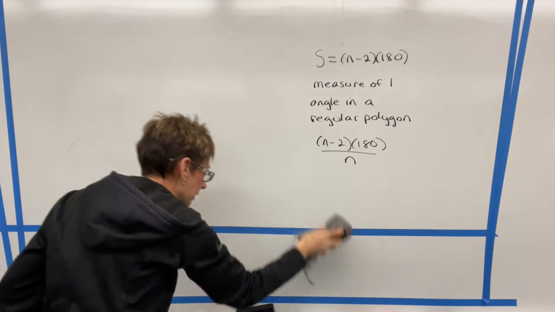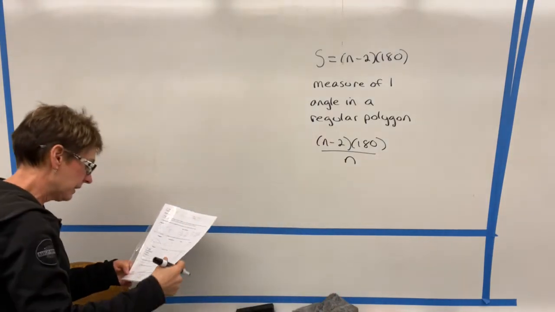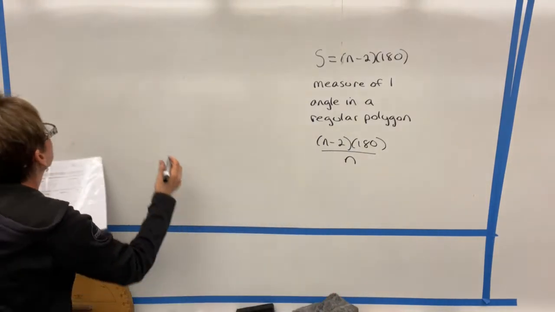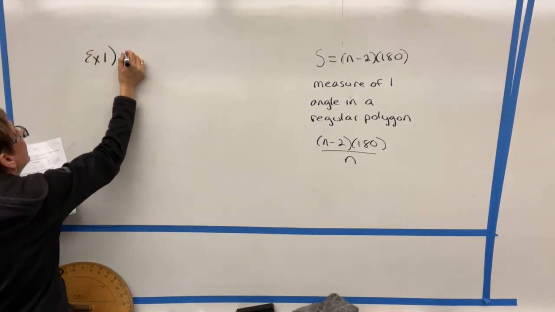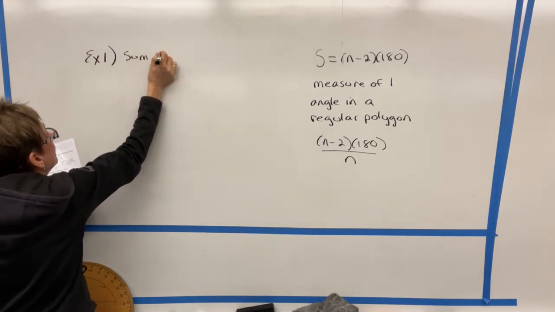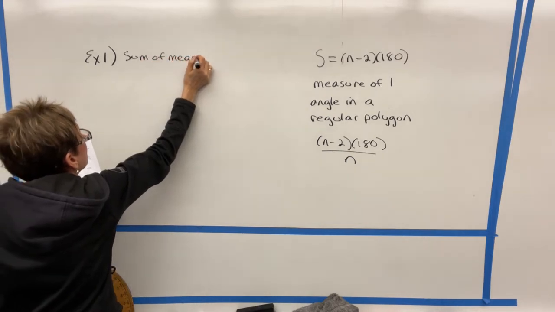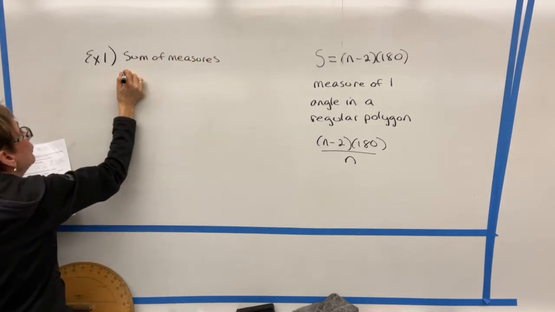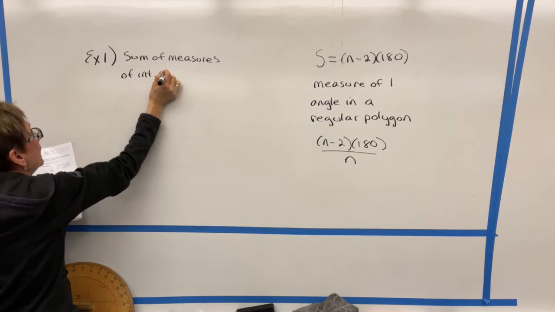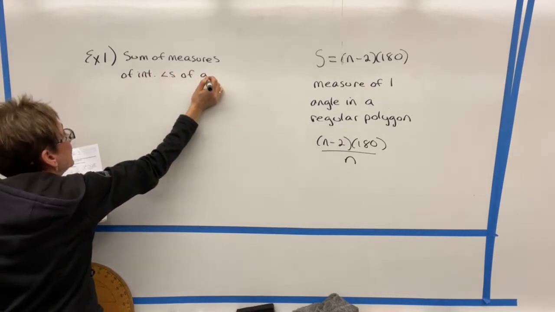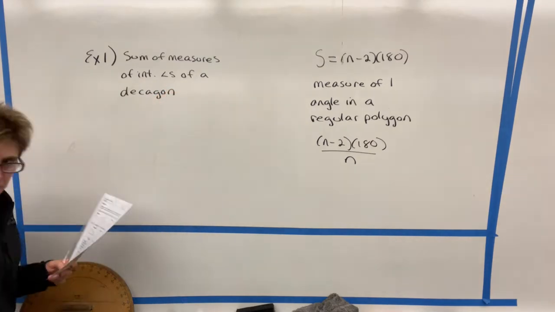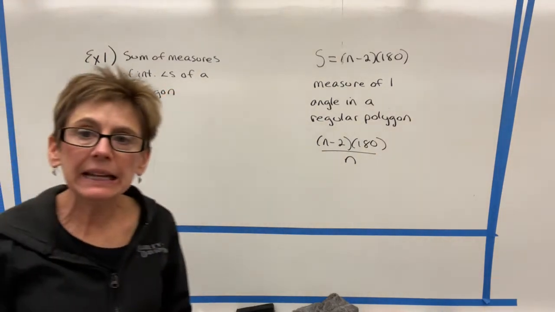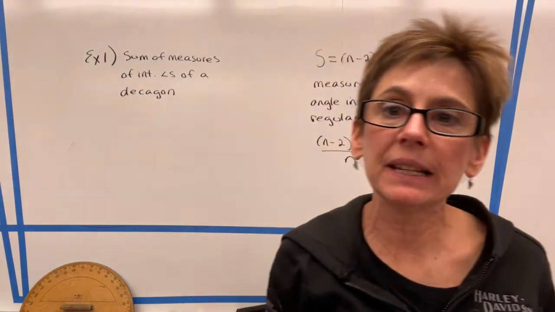All right. So let's go ahead and take a look at a 10-sided figure. So example 1, we want to find the sum of the measures of the interior angles of a decagon. Deca means 10, so like a decade is 10 years, a dime is 10 cents.